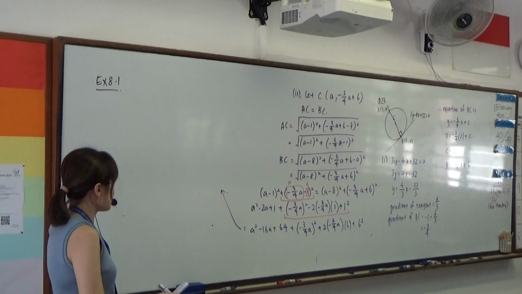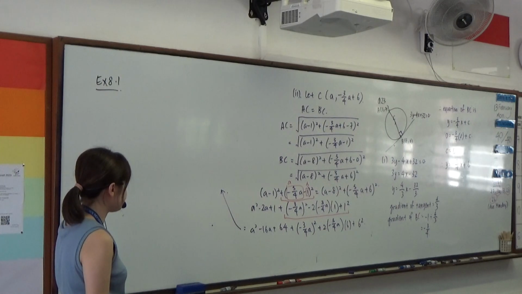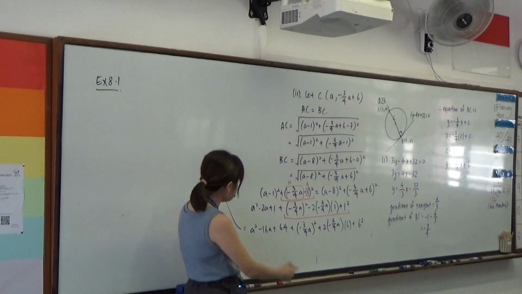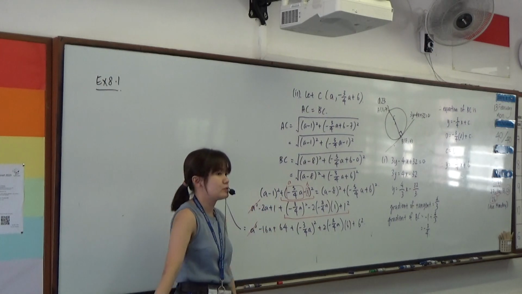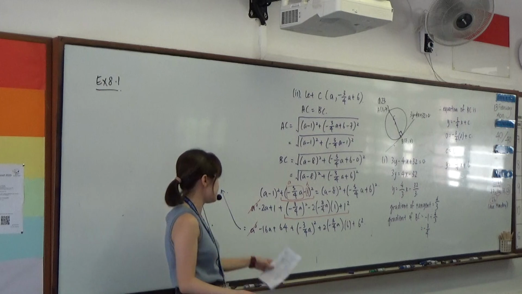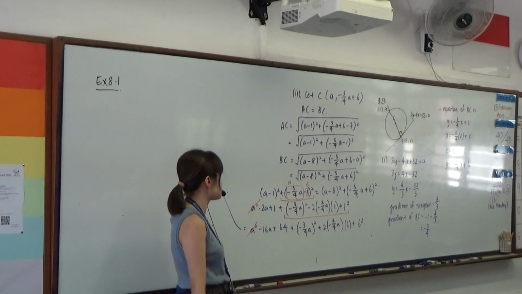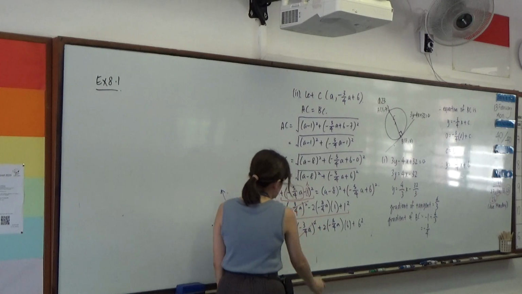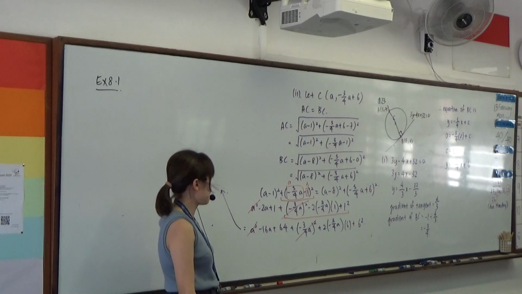Okay, so simplify. We can remove the A squares. That means we are balancing the equation by subtracting A square on both sides of the equation. I can also remove this since they are equal on both sides.